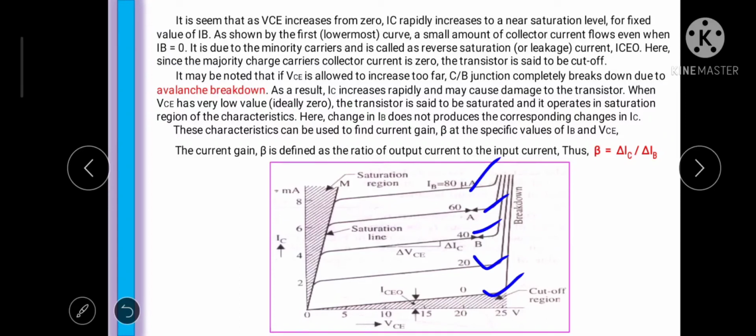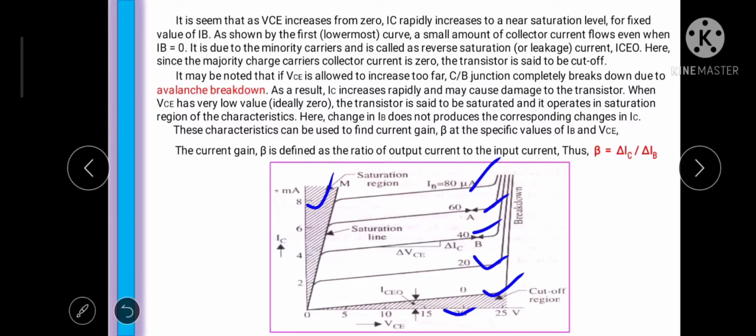The shaded region at the bottom side is called the cutoff region, in which the collector current is almost 0, during which the transistor is likely to be cut off. Whereas the shaded region on the left side of the curve is called the saturation region. It is called so because in this particular region, the collector current does not change appreciably. That means it is almost constant for that particular value of base current.